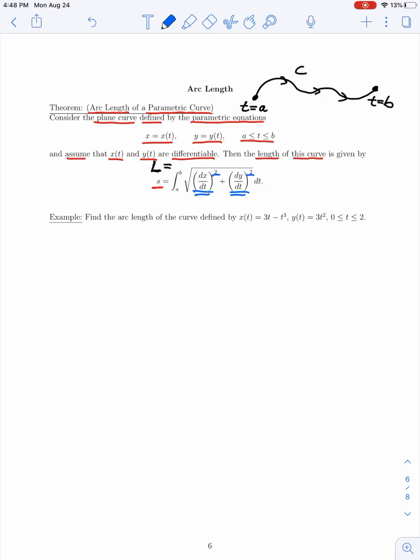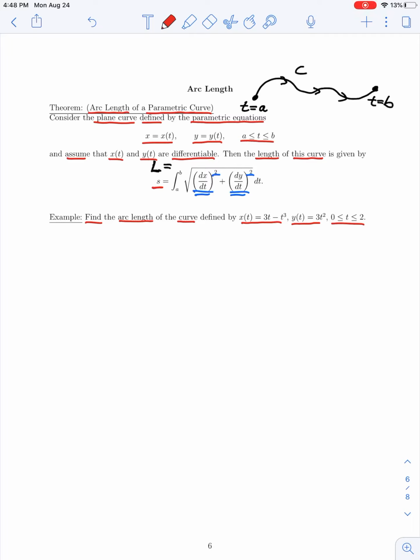All right. So let's look at an example making use of this formula. So here we are asked to find the arc length of the curve given by these parametric equations on the interval from 0 to 2. So let's take a look at it.